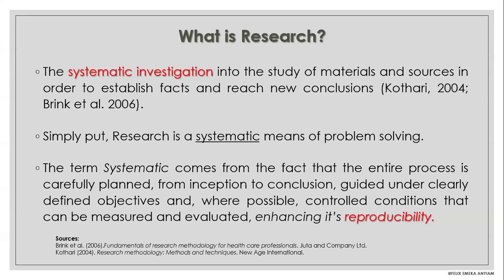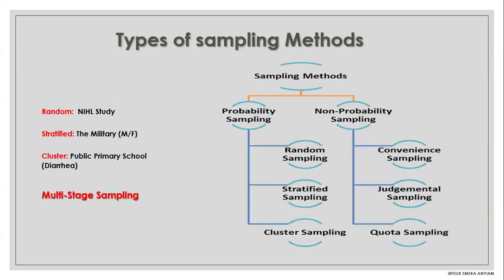And one of the things that fall into this pattern is sampling method. You don't decide how you want to choose the people that will fall into your research. You have to follow a probability sampling method, meaning a method that gives every participant you want to be part of that study an equal chance of being selected.